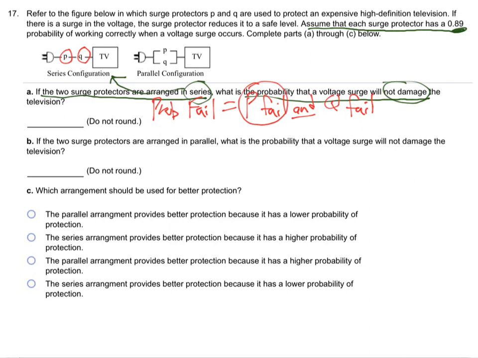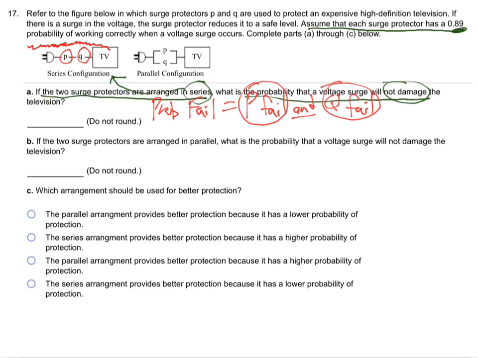P would have to fail and Q would have to fail, right? Because if there's some kind of crazy electricity and P failed and Q failed and it gets on through to the TV, if both surge protectors P and Q fail, then the electricity will get through and wreck your TV.